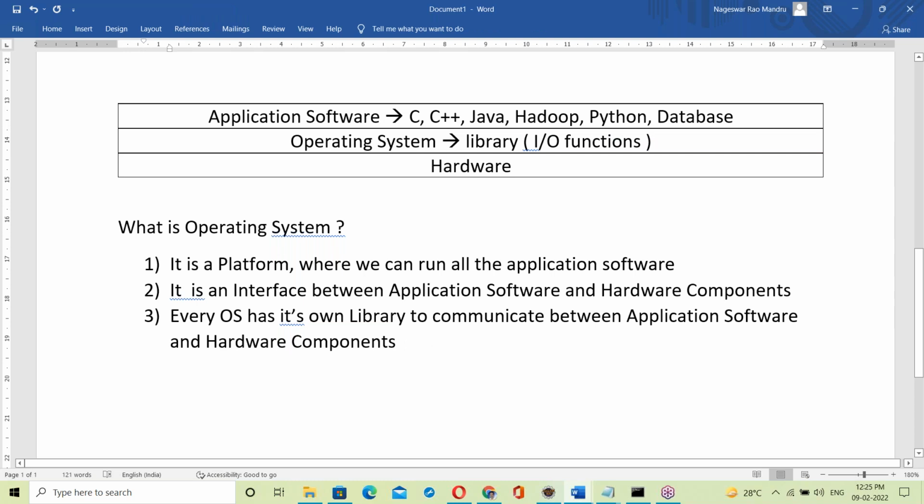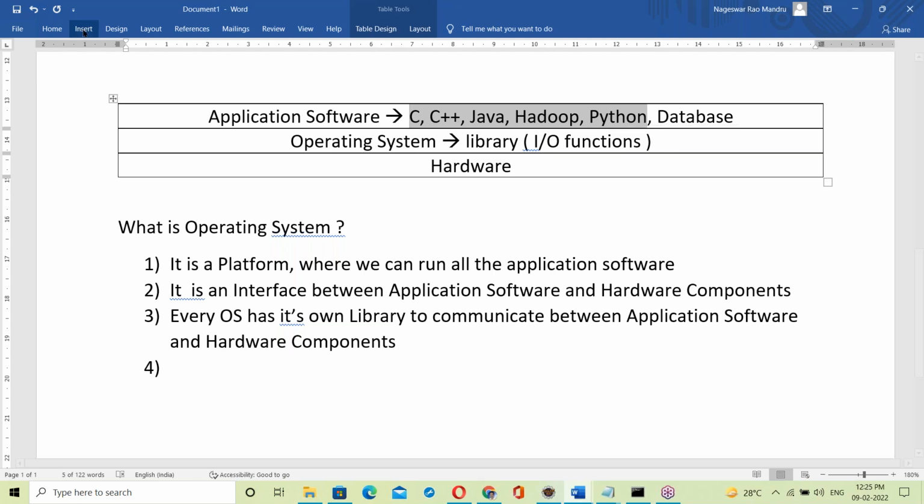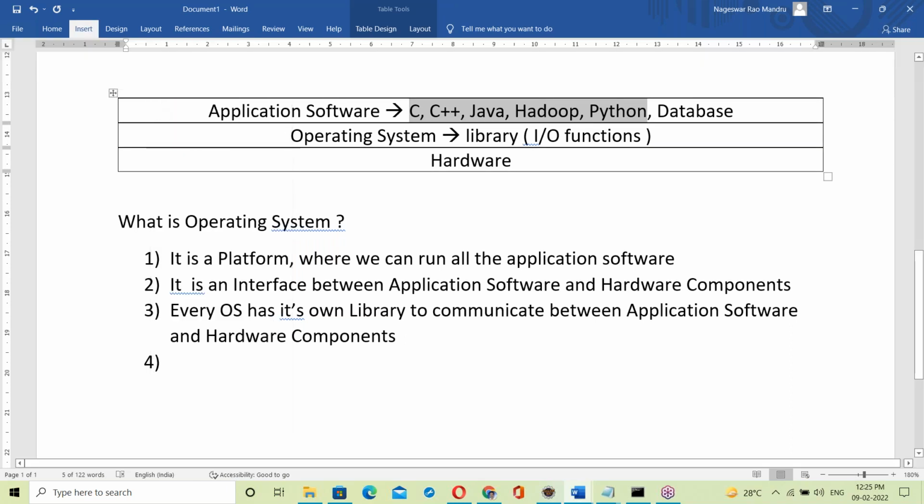Next, one more important point from the Java perspective. A C program, C++, Java, Hadoop, all of these programs first link with the OS library, then communicate with the hardware. Before any program executes, it has to link with the OS library. Suppose in C program execution, first it has to link with the OS library.